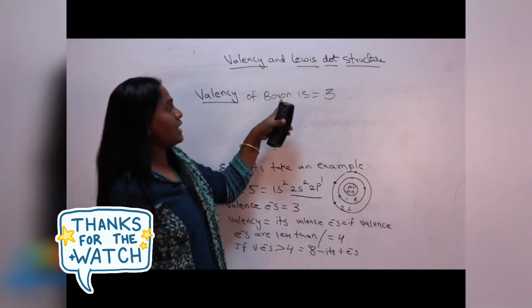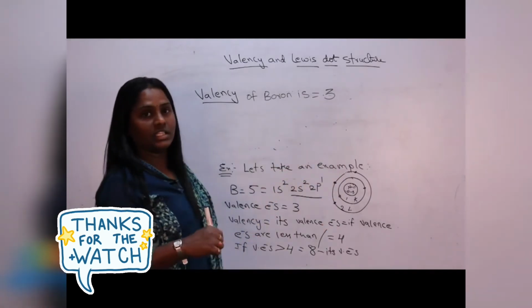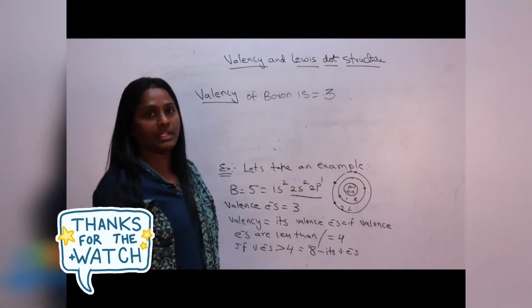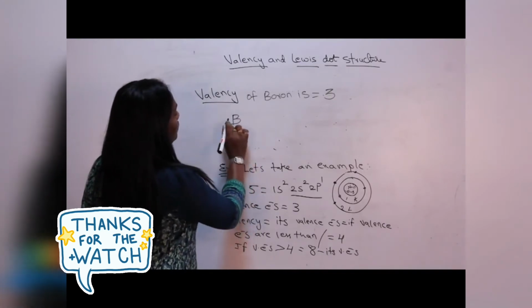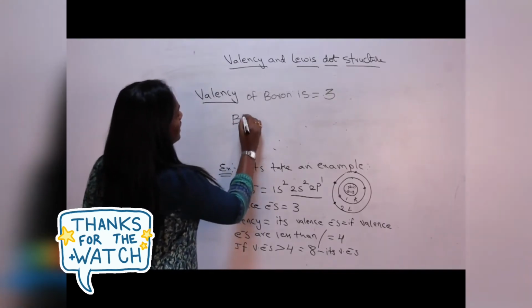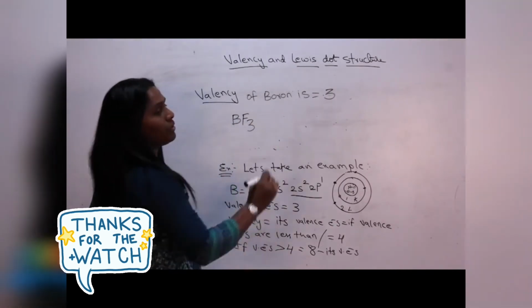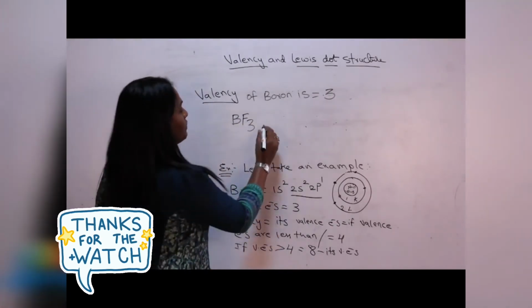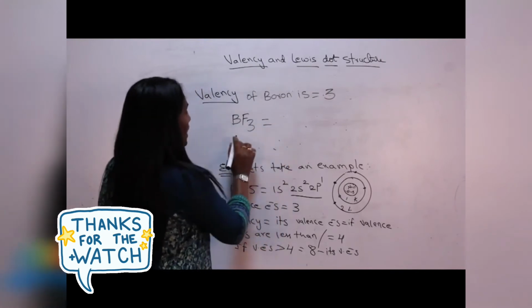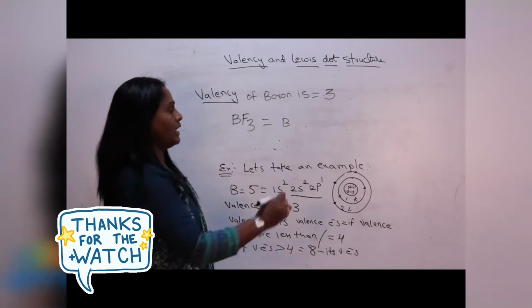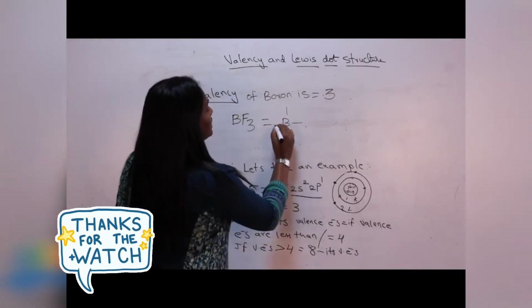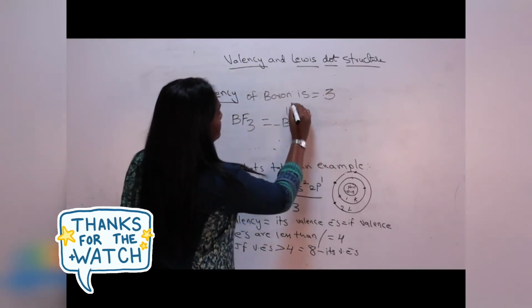That means boron can combine with 3 other elements. Let's take one molecule formed with boron, that is boron trifluoride. Boron trifluoride is a molecule where boron, B, is combining with 3 fluorine atoms.